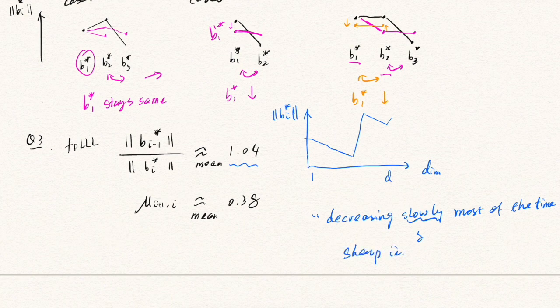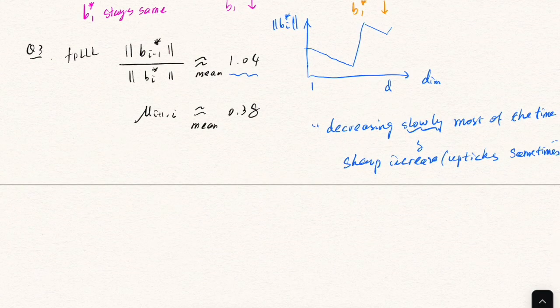Then there are sharp increases, or upticks, sometimes. So this is what the profile empirically looks like.